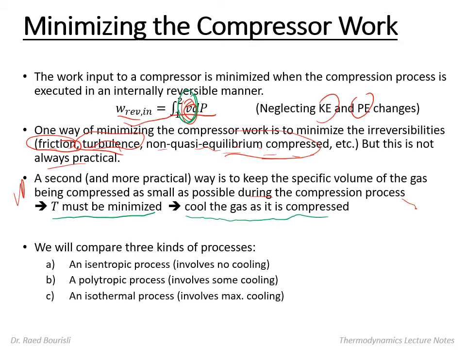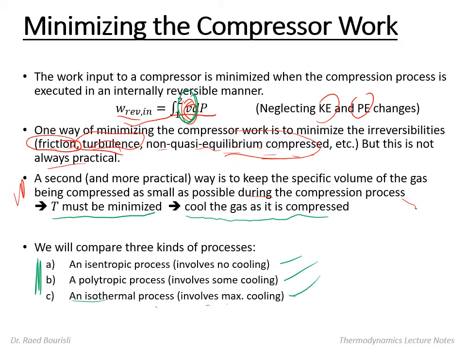We'll look at 3 kinds of processes. An isentropic process involves no cooling, just no irreversibilities, but no cooling. And a polytropic process that involves some cooling. Of course, there are some irreversibilities in the actual thing. And an isothermal process, well, it is the best.